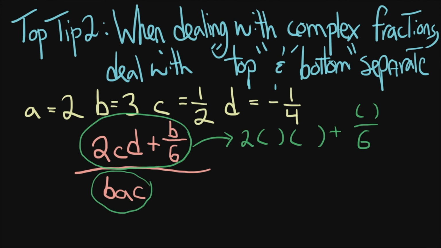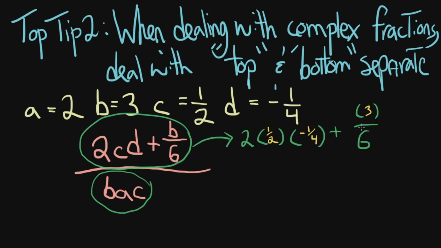Let's go and fill those things in. What is C? C is a half. And D was negative a quarter. Oof. And what was B? B was 3.